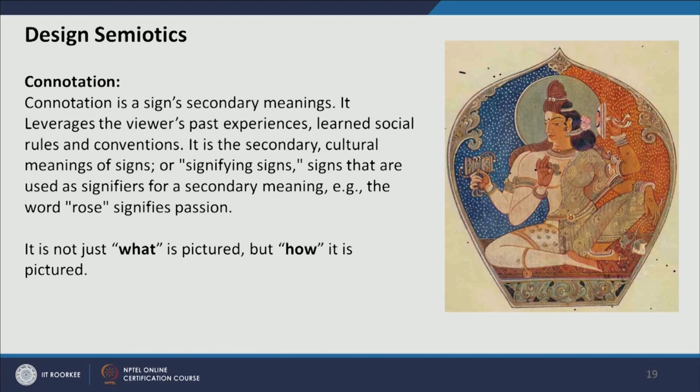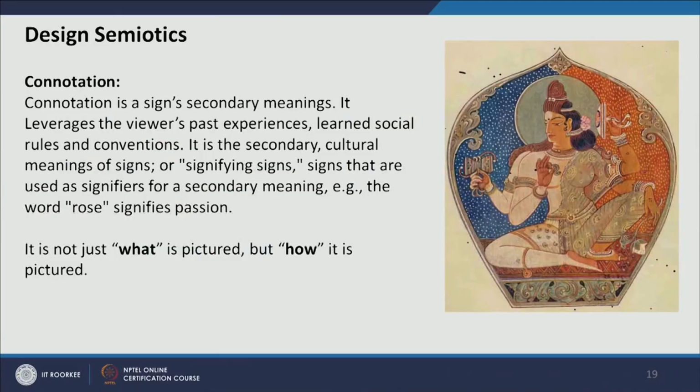This meaning depends on sociocultural ideas and knowledge. If we don't have that knowledge, we cannot interpret the meaning, and even the colors used have some meaning associated with them.